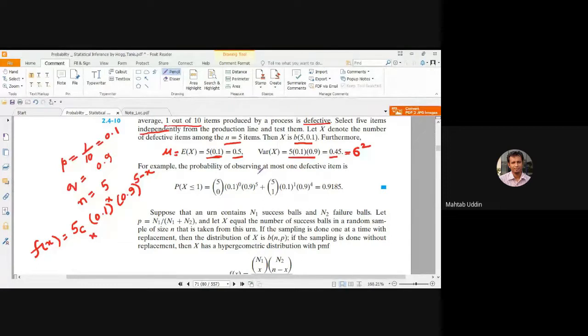Greater than or equal to 1. So at most 1, that is less than or equal to 1, means we take x equal to 0 and x equal to 1, and after simplification we get the probability 0.9185. Okay.